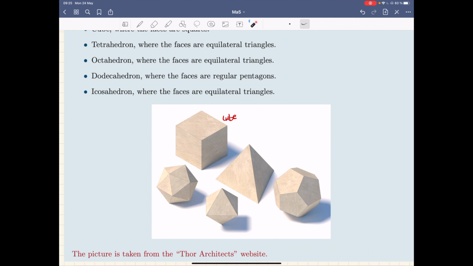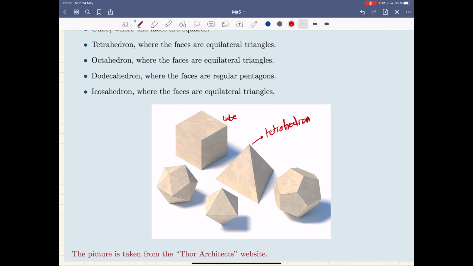And this one is called a tetrahedron. What is the regular polygon involved here? It's an equilateral triangle. Yes, all the faces are equilateral triangles. Is that understandable?